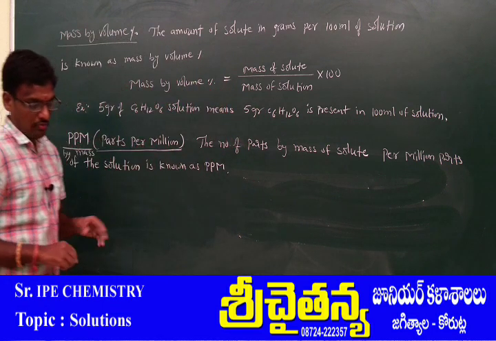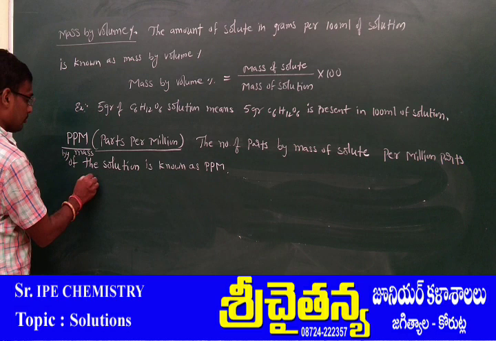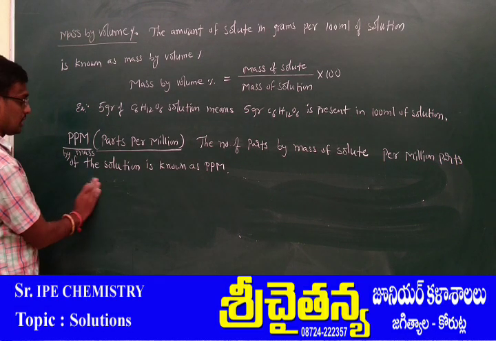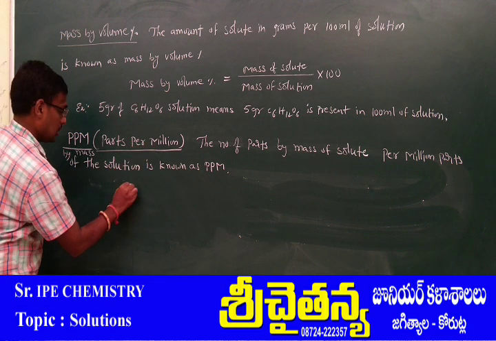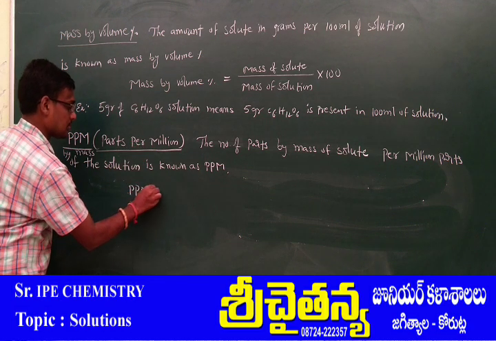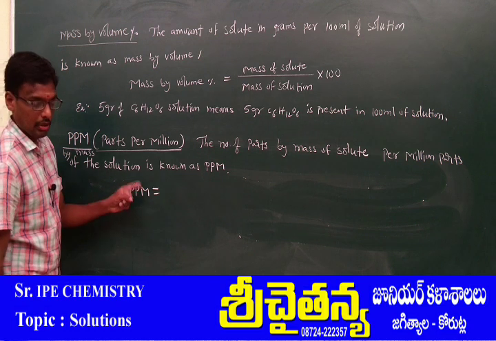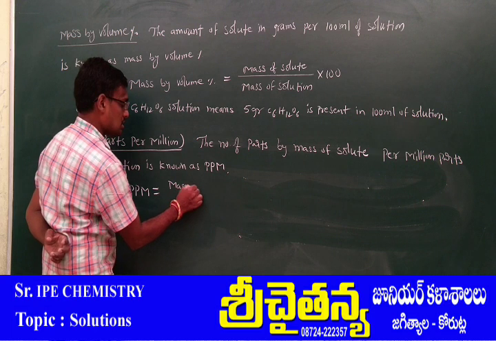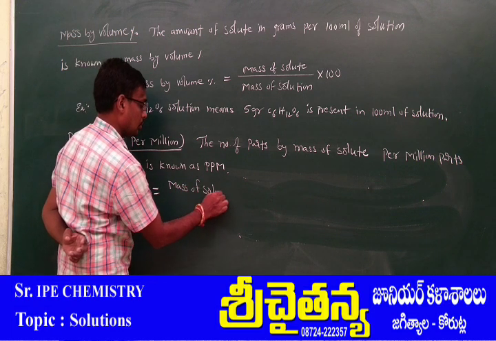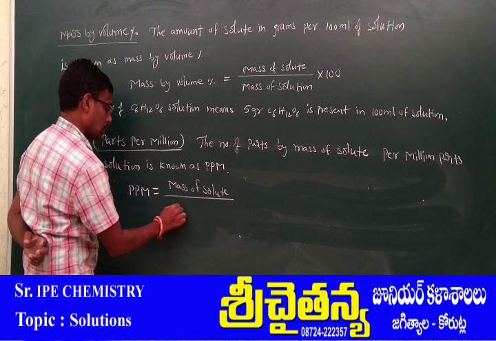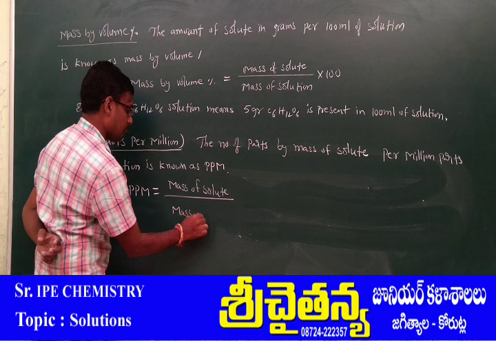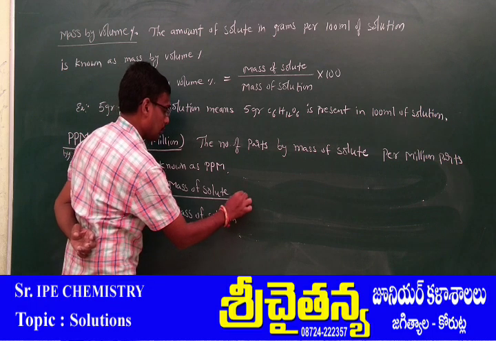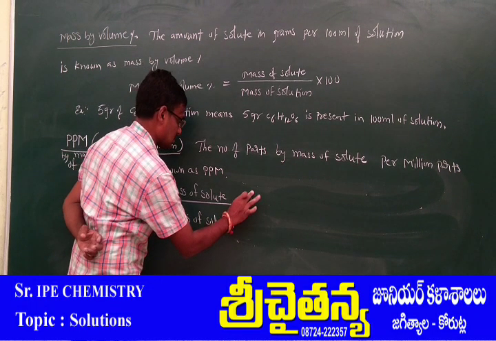Before that, write the principle here: ppm, parts per million, is equal to mass of solute by total mass of solution into 10 to the power of 6.